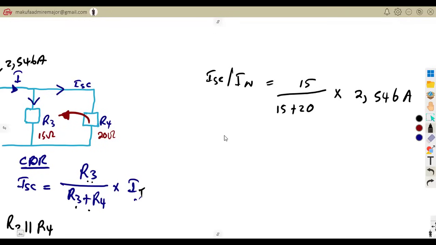So we are going to obtain our short circuit current or our Norton's current, depending on the way that you're writing this. And that is going to give us 1.091 amperes as our short circuit current. So what is the purpose of the short circuit current?